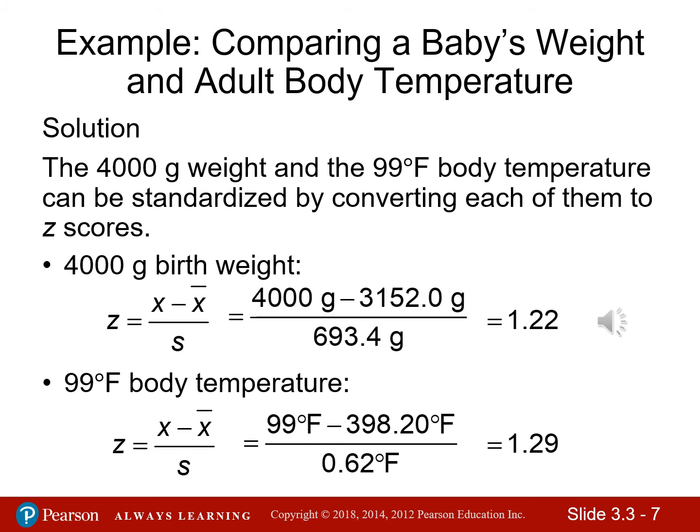That gives us a z-score for our newborn of 1.22. For the body temperature for our adult, our z-score will be 99 degrees minus 98.2 degrees divided by 0.62 degrees. That gives us a z-score of 1.29.